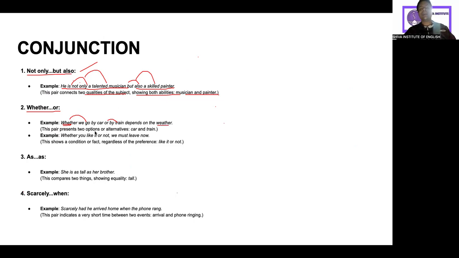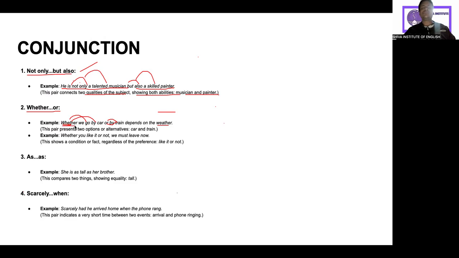It is a kind of question statement where you are asking about choices. If I write it as, we go whether by car or by train depends on the weather, that is called maintaining parallelism. Like, or is used before by train and whether is used before by car.